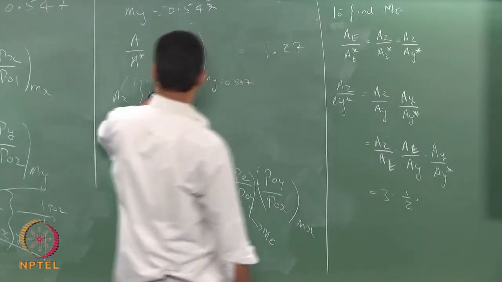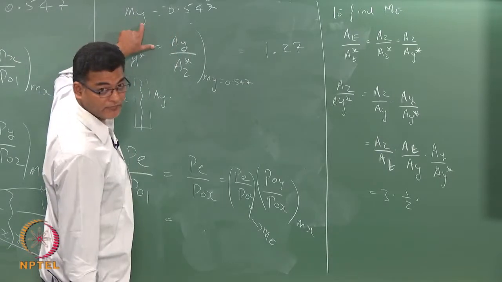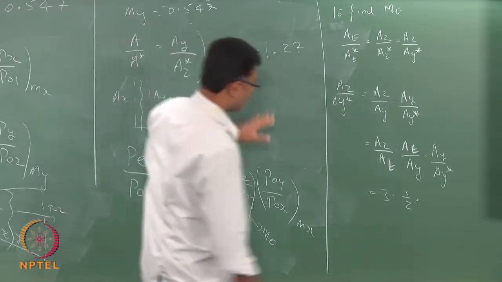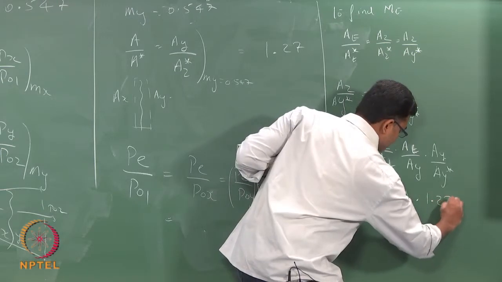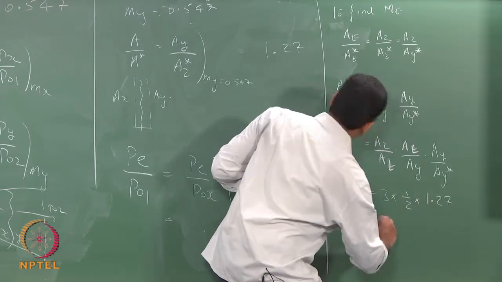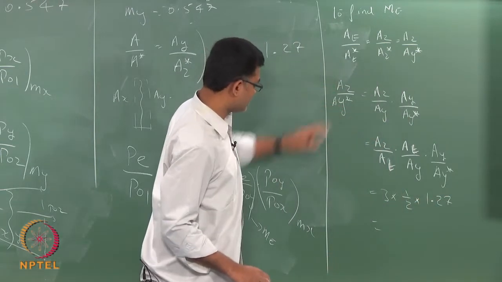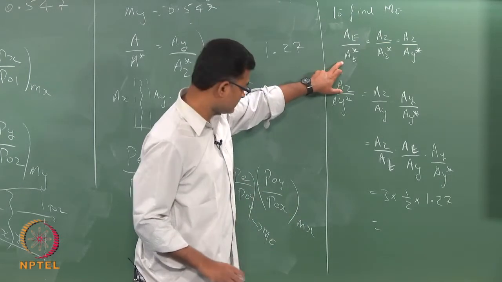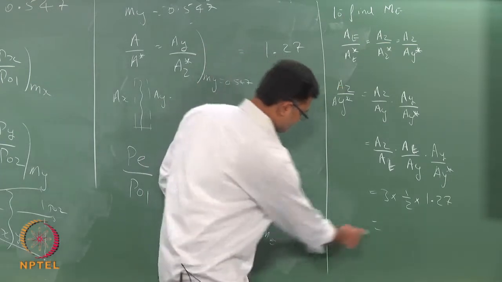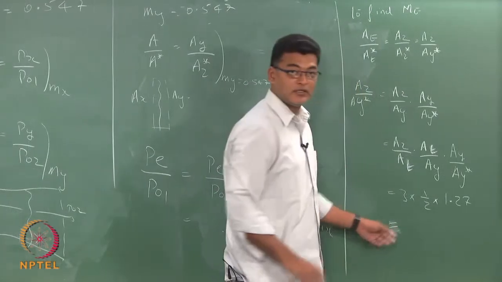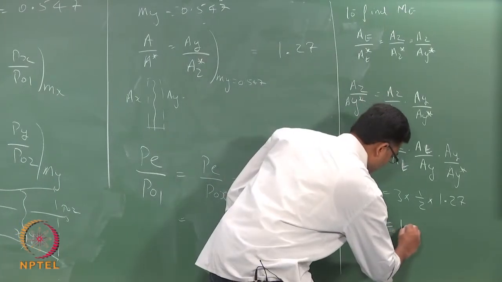We already found this based on my My, which is 1.27. So this is my A exit by A exit star, which is 1.9.